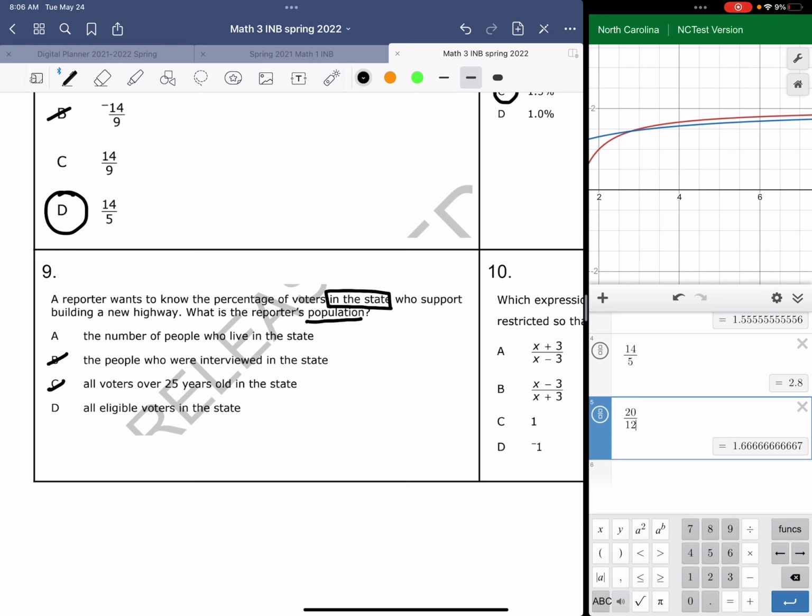So the number of people who live in the state, in my opinion, you're looking between A and D. Well, the number of people who live in the state doesn't necessarily mean that they can vote. So he's only talking about people that he's going to pull from that can vote. You could have people in the state that can't vote. So we're going to get rid of A, and we're going to look at all of the eligible voters, or what he's pulling from.